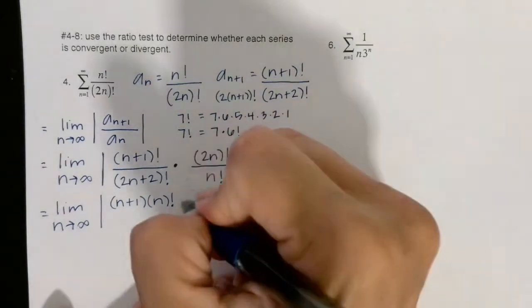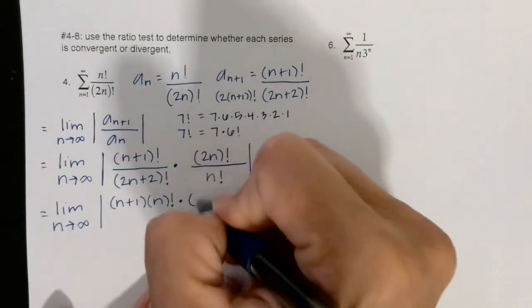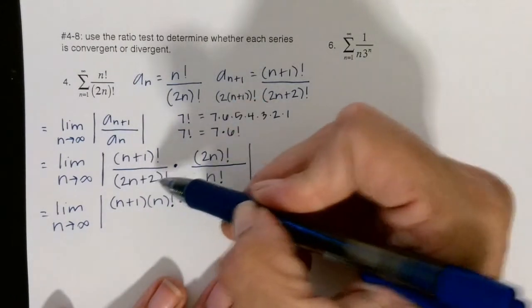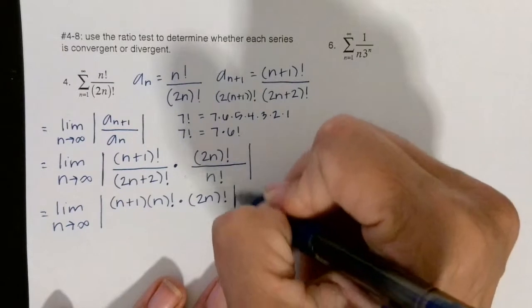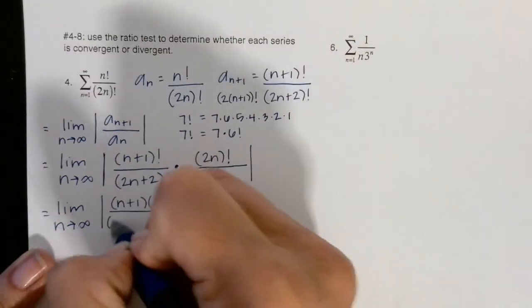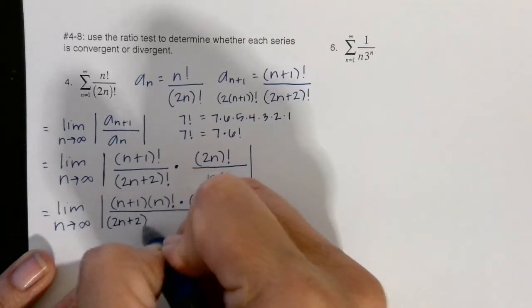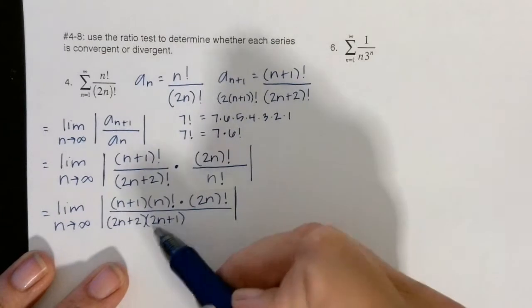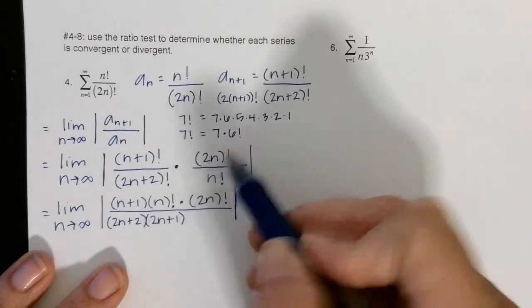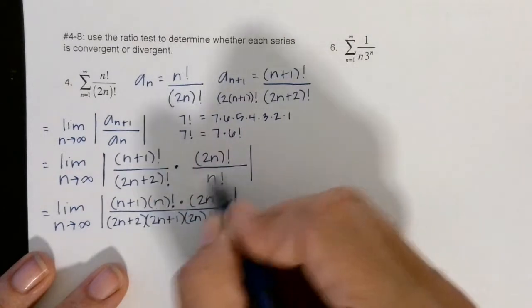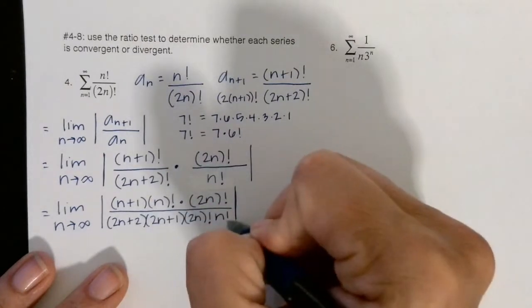So the next one is this 2n factorial, and I'm not going to change that because I have a bigger one down here, so I'm always going to change the bigger one to get to the smaller one. So this one's going to be 2n plus 2. And then if I subtract 1, it's 2n plus 1. But 2n plus 1 is not going to cancel with that, so I need to subtract another 1. And then I still have this n factorial.